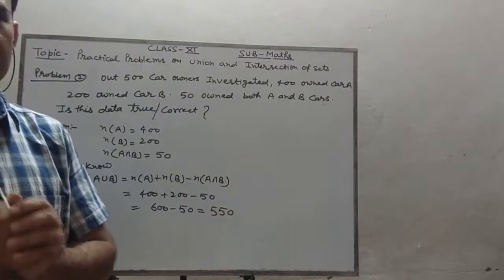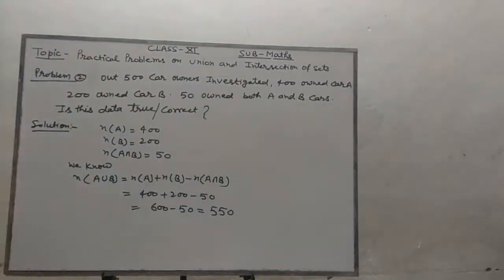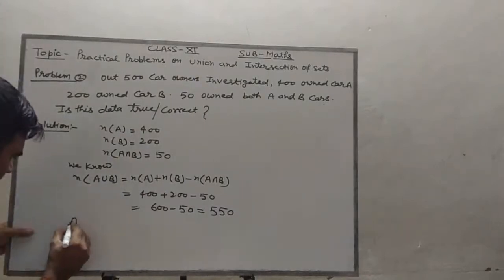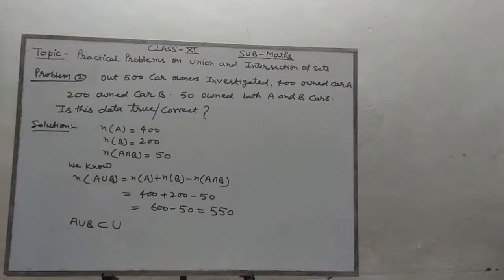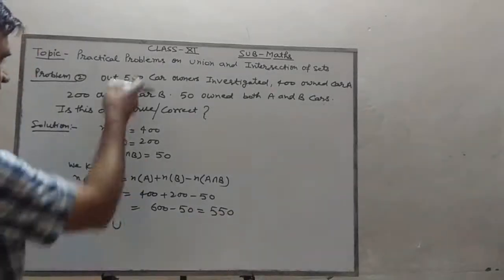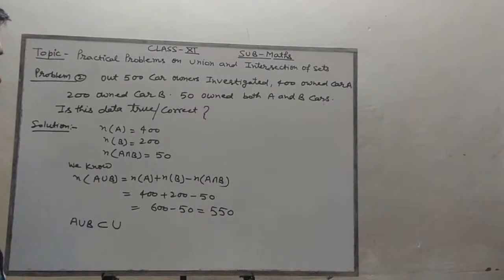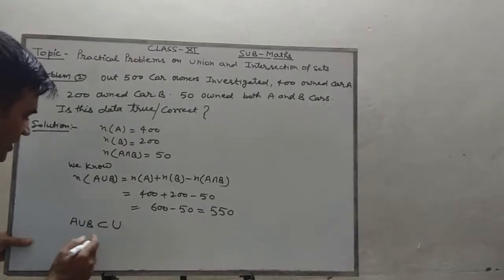So union must be the subset of universal. A union B must be the subset of universal. But here we are seeing A union B is greater than the universal. So that's why this data is incorrect.